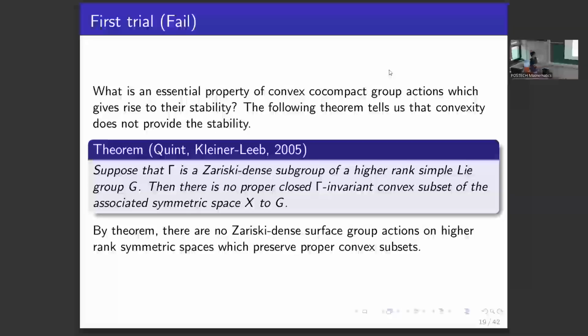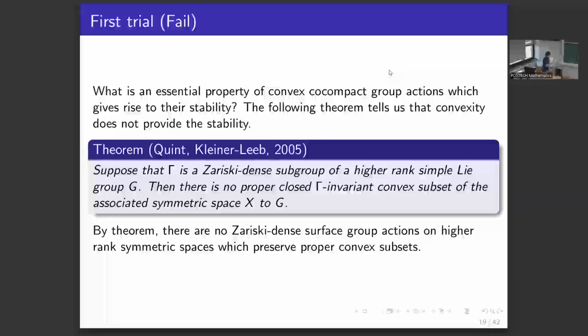Okay. So first, you try to just apply the definition of convex cocompact group action to the Hitchin action, right? Because convexity gives stability. So people tried to see whether convexity gives stability of the Hitchin action or not. But the answer is no. Okay.